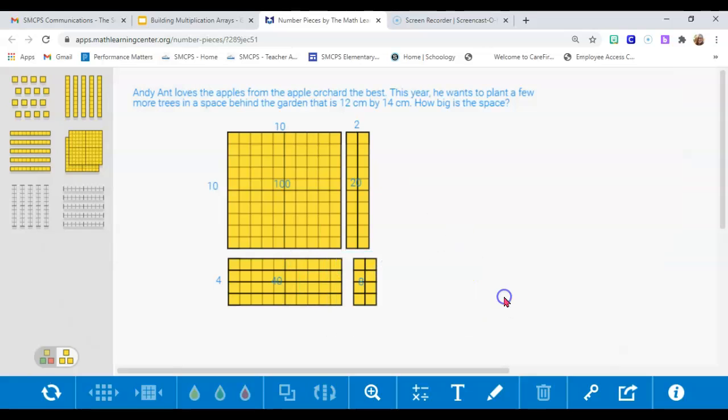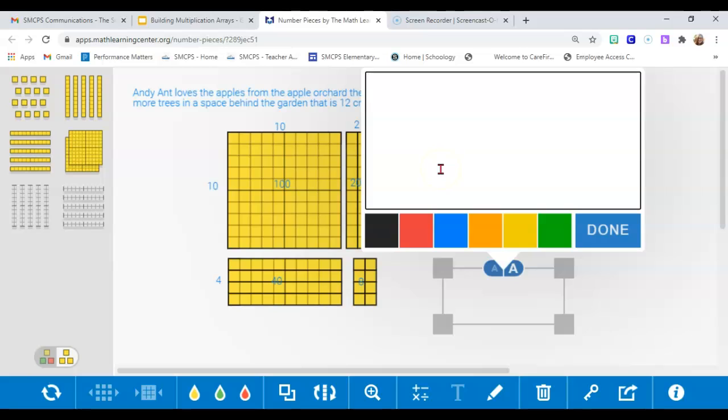Now what do I have to do? I have to add each of these up. So I would have 100 plus 20 plus 40 plus 8. And that's going to equal my area.